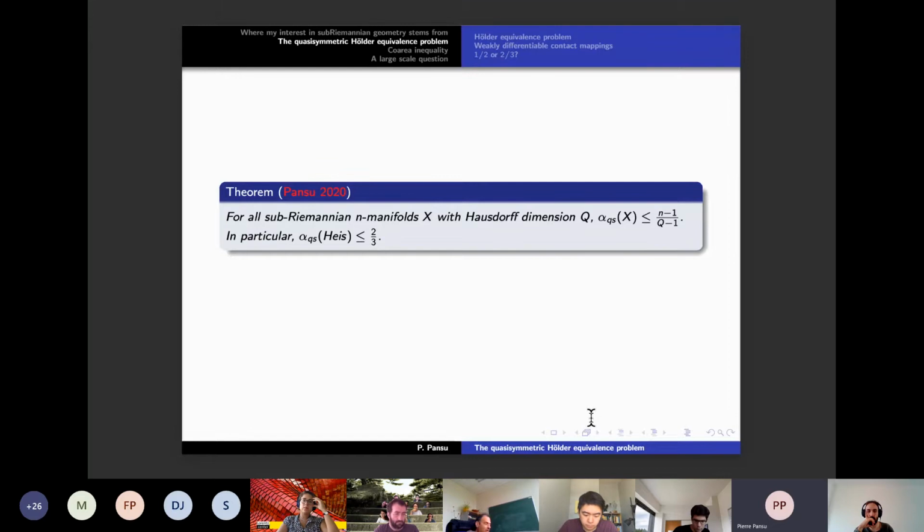And the upper bound, n-1 over q-1, is not very spectacular, especially when n is large, but at least for a Heisenberg group, which has a manifold dimension n equals 3 and Hausdorff dimension q equals 4, we get an upper bound of 2/3.